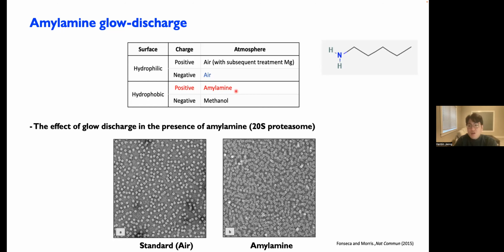So it is used for observing negatively charged biomolecules such as DNA, and there is some evidence that treating with amylamine improved the orientation problem, for example, like the 20S proteasome complex presented here.